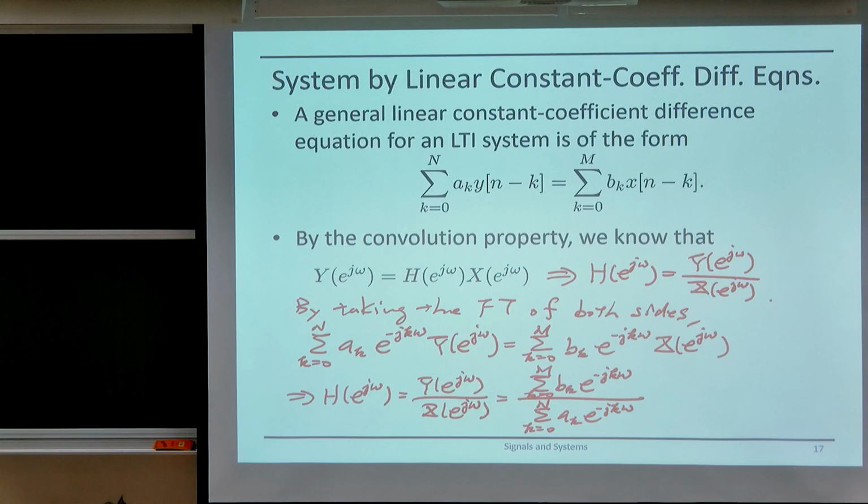Okay? So again, this is the same as in continuous time. So, a couple of examples.